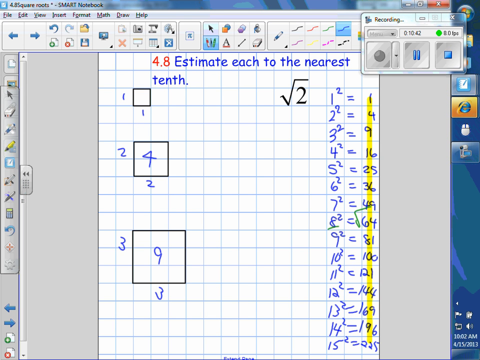And 1's a perfect square. So in contrast, if I wanted to do something with an area of 2, there's no integers, non-fraction numbers that I could put on the side to make the area of 2. That's why it's not a perfect square when you take the square root of 2.